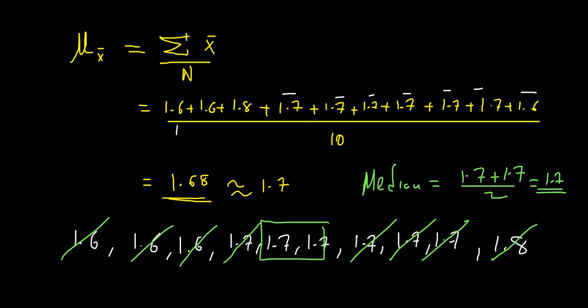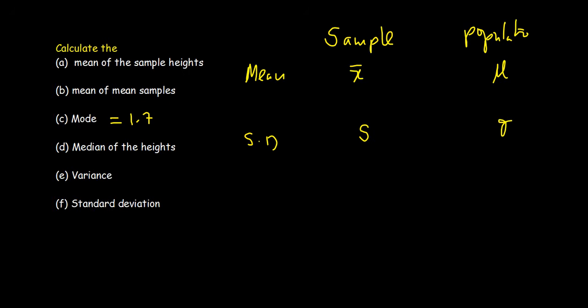Okay. And then the next question, we want to determine the variance. So how do you find the variance? This depends on whether you have a population or a sample. Remember, for a population we use Greek letters.